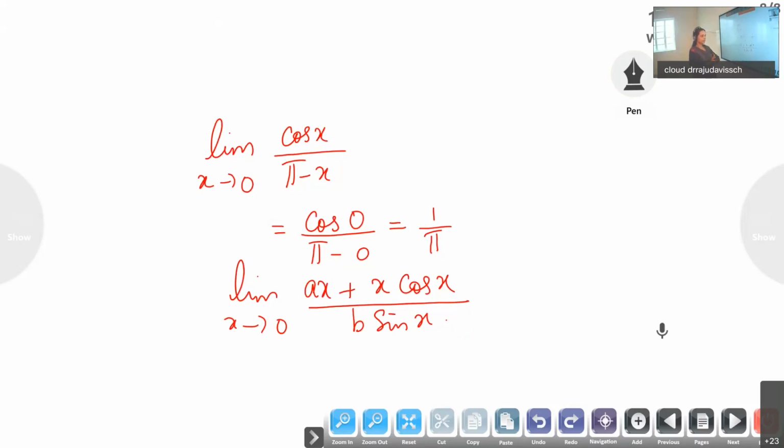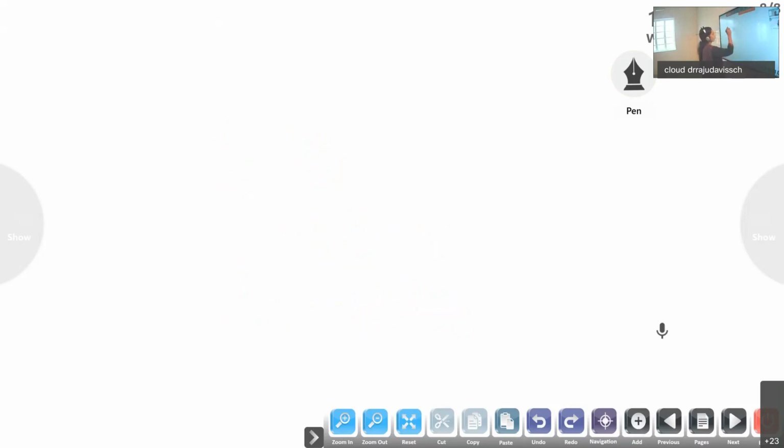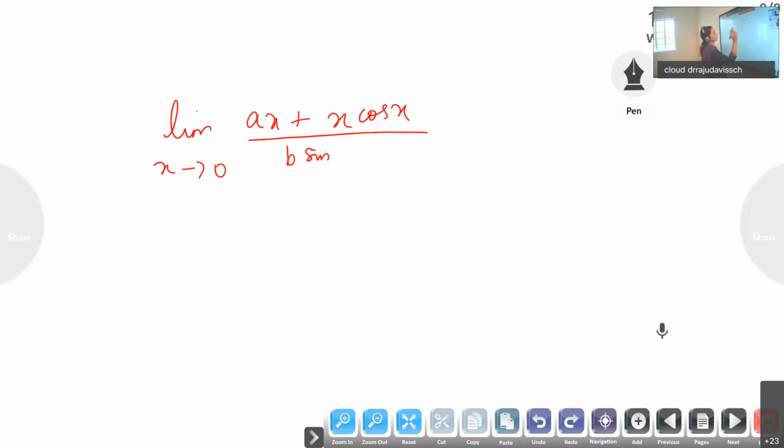Ax plus x cos x by b sin x. How to do this?